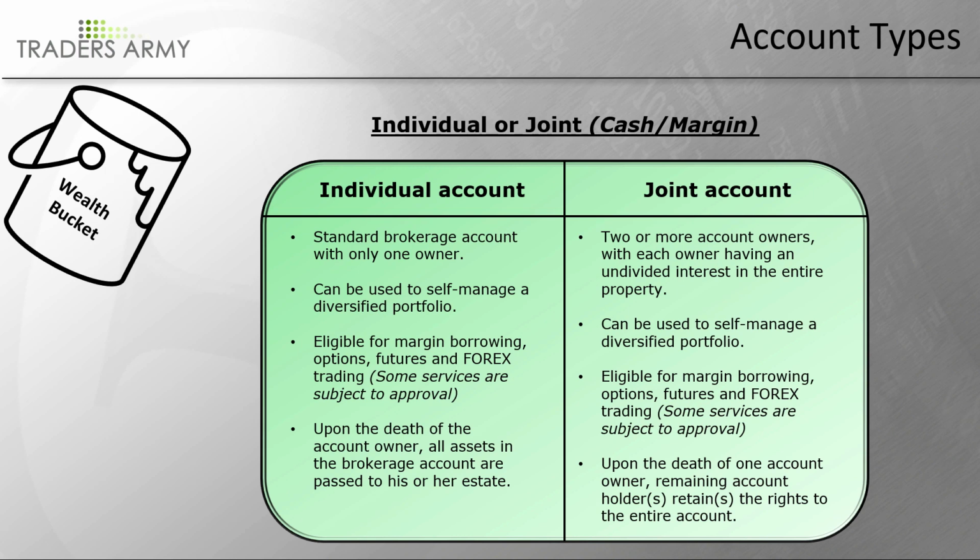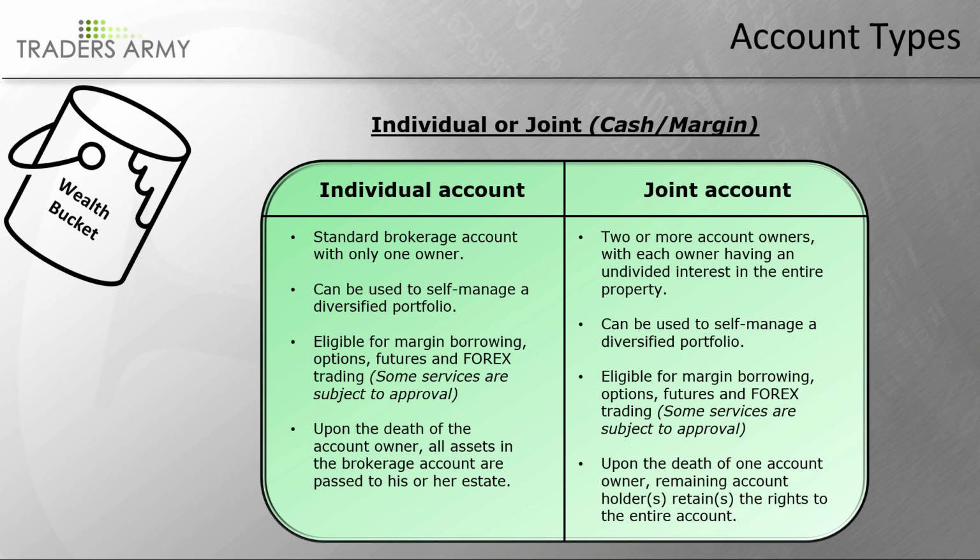That's different than a joint account. In a joint account, there's typically two or more account owners, and each owner has an undivided interest in the entire property. So it's not like 50% goes to person A and 50% goes to person B. It is a joint ownership, but there's an undivided interest. Now, once again, can still be used to self-manage. It's eligible for borrowing, trading options, futures, forex.